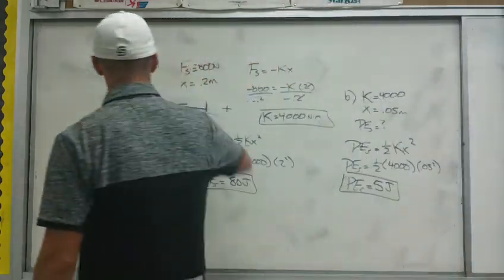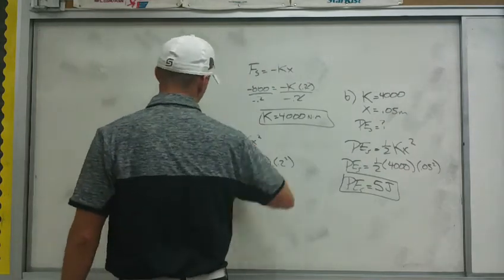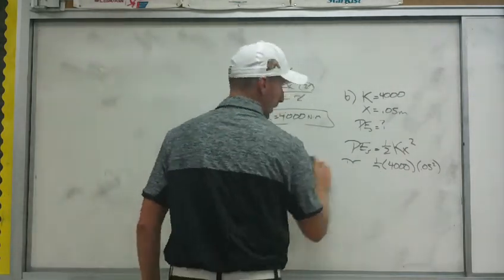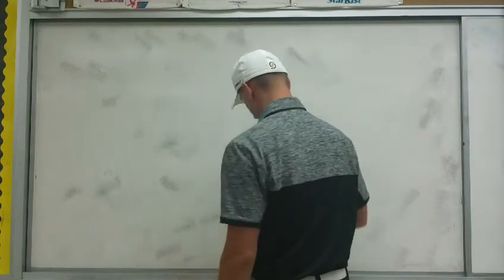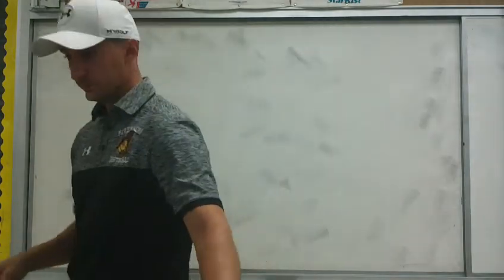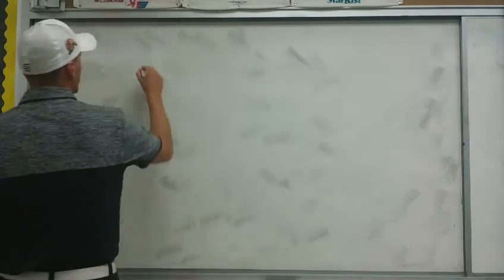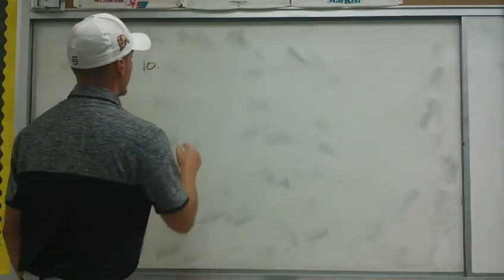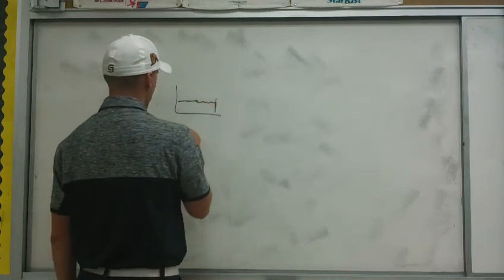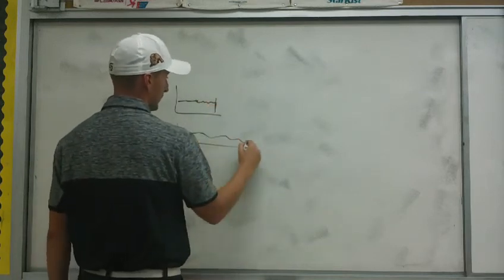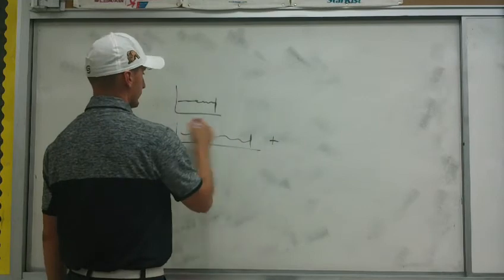All right. So let's look at 10. The first part, you're stretching a spring. This is the initial spot, and then you stretch it that distance, positive, negative.